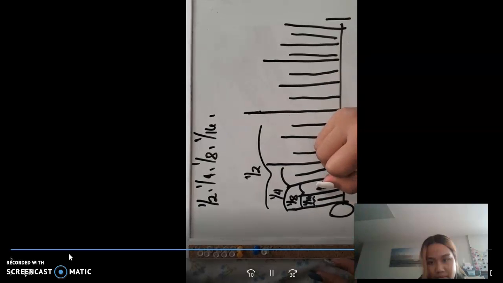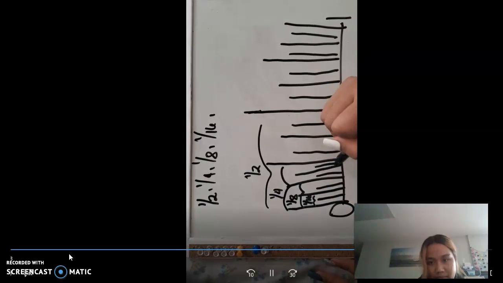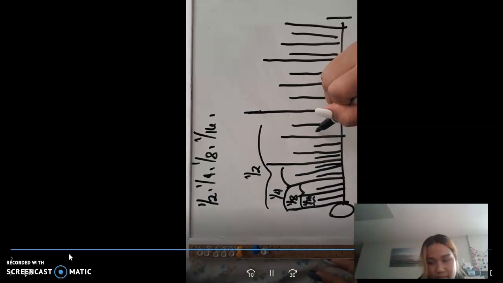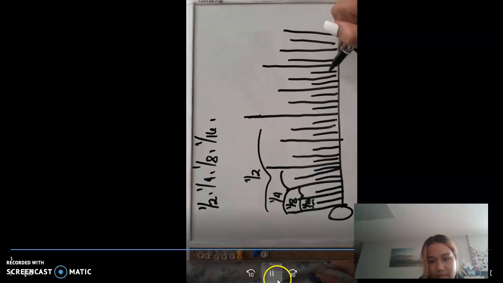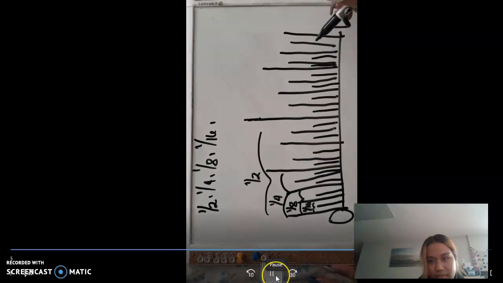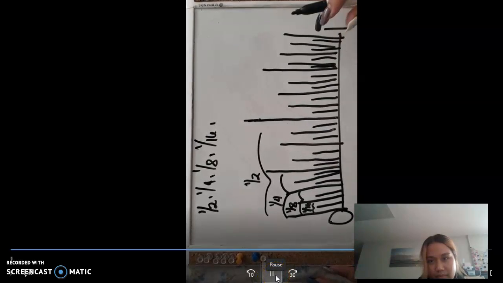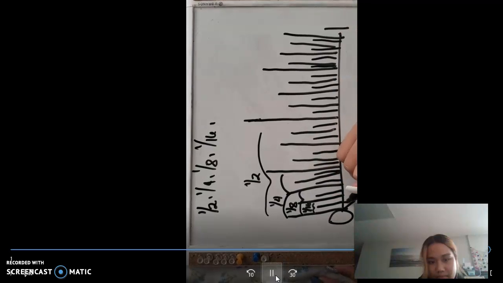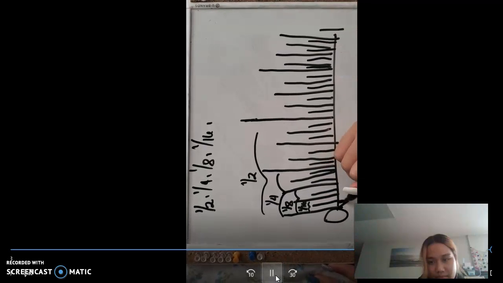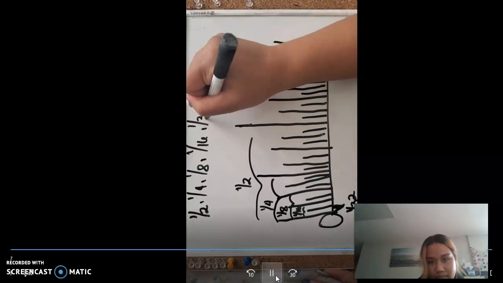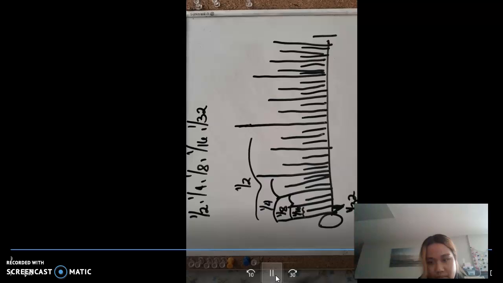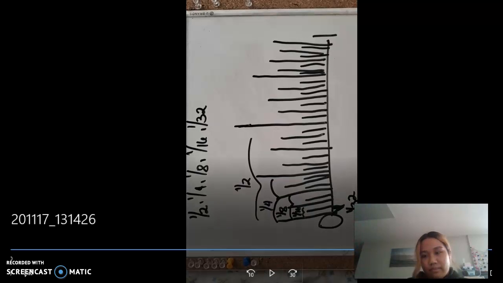So these small lines indicate our 1/32 of an inch on our ruler. So that's it for how to use the ruler.